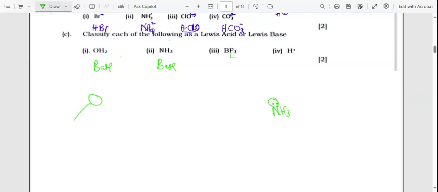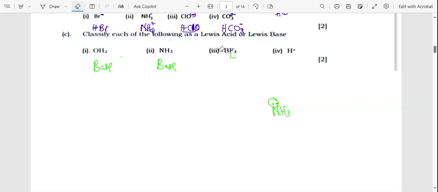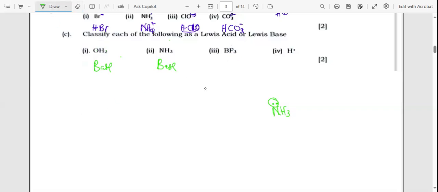For boron, there is no lone pair in boron, so it sits like this. Okay, it's trigonal. So we have F there, even there F, even there F.